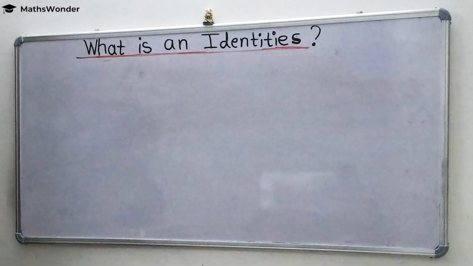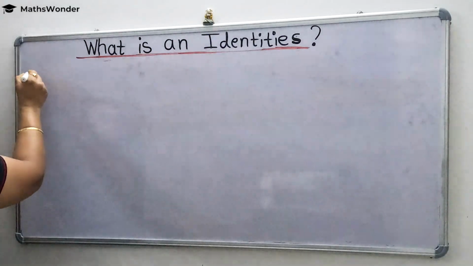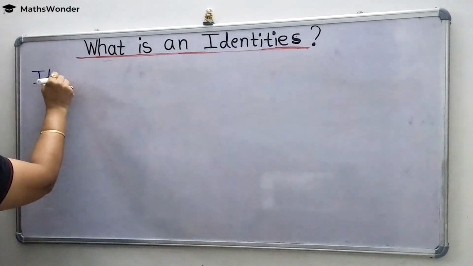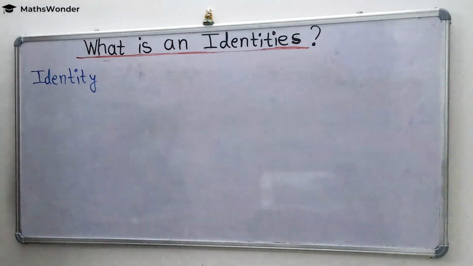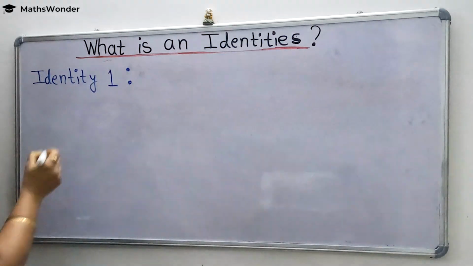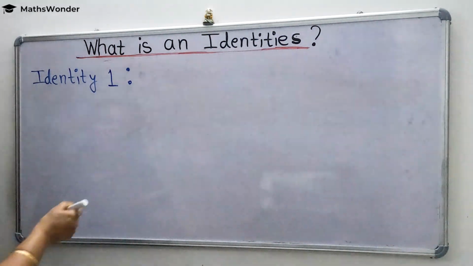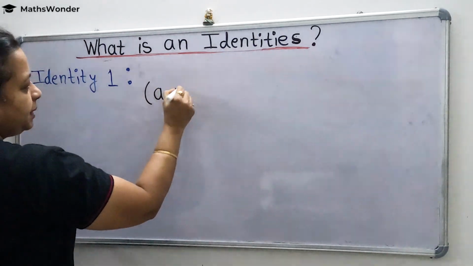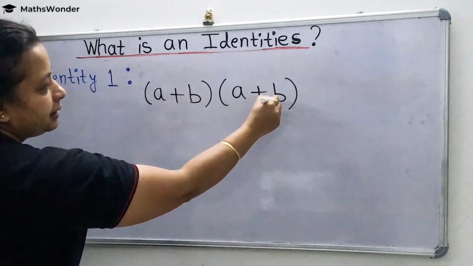So the identity number 1, identity 1. Identity 1 is if we have written 2 times, a plus b, a plus b, right?